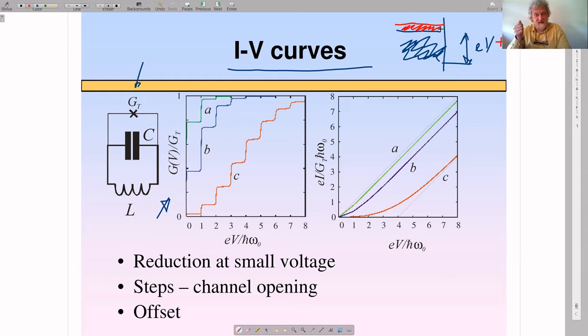So the differential conductance is given by electrons which are there in the strip.